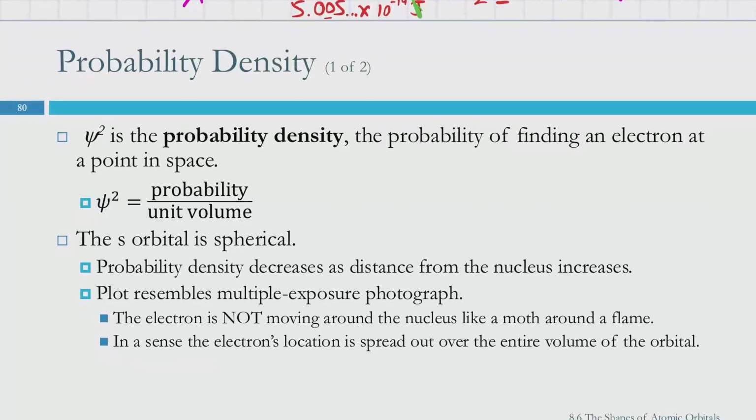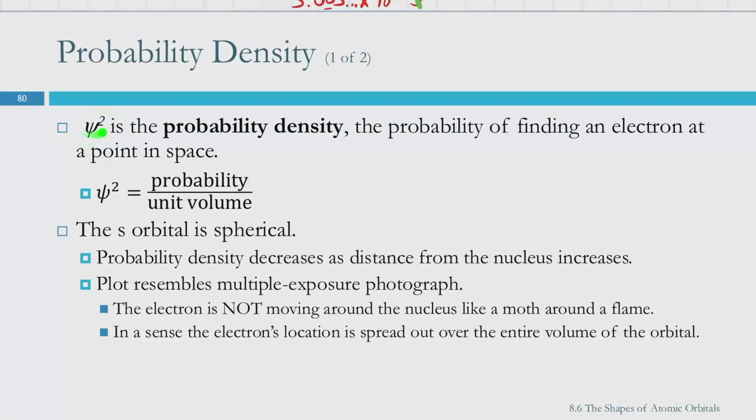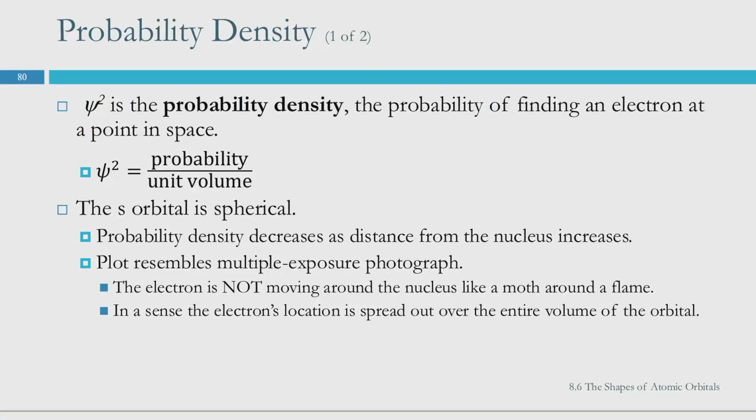Okay, so we looked briefly at this psi squared. This is the probability density. It's the probability of finding an electron at a particular point in space. And this is the probability over a unit of volume. Our s orbital is spherical. s corresponds to l equals 0.